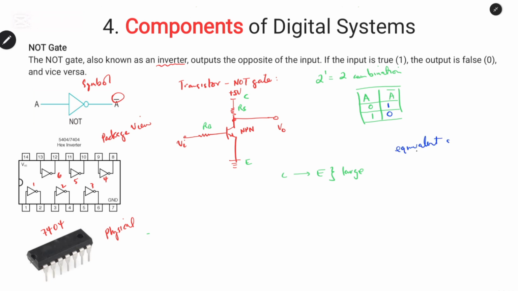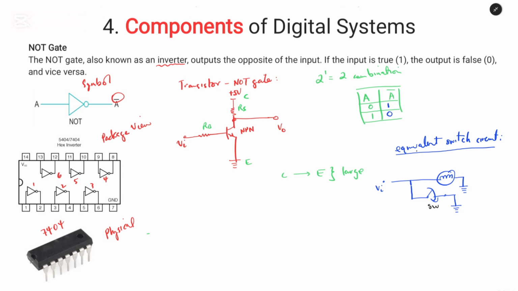The equivalent switch circuit for the NOT gate. And now this is the equivalent switch circuit for this NOT gate. It is configured differently based on how we design it using a transistor.